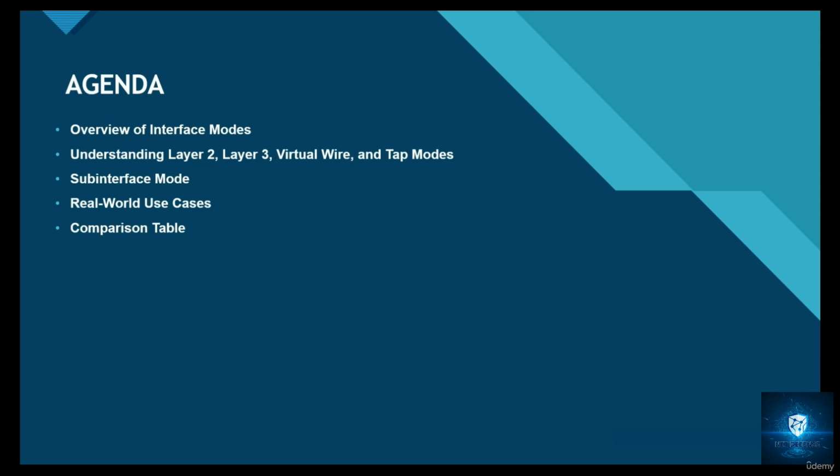Now what would be the use case of this? You want to place a firewall between two networks and network switches without changing the IP address schema. This would be one of the use cases here. So you already have a network. Let's say you have network 1, network 2, I mean the same network, it doesn't matter. This is your PC on this one, and this is your PC on this one.